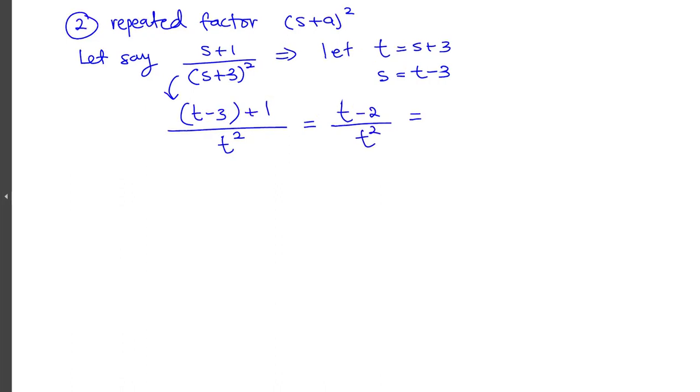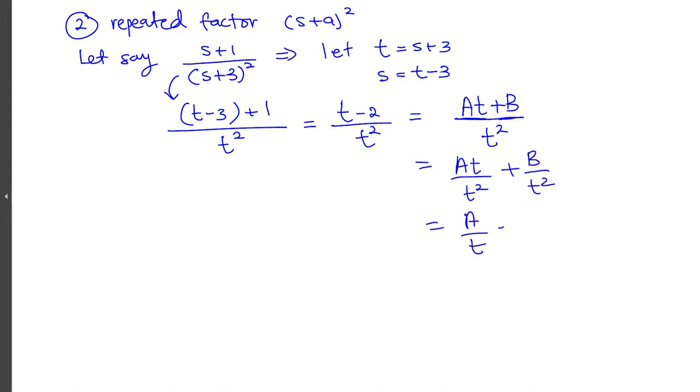Then you do this partial fraction, you will get (At plus B) divided by t squared. So you will spread this: A over t plus B over t squared. Then you substitute back. What is t?